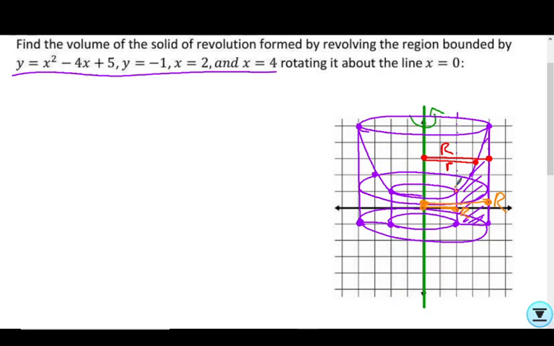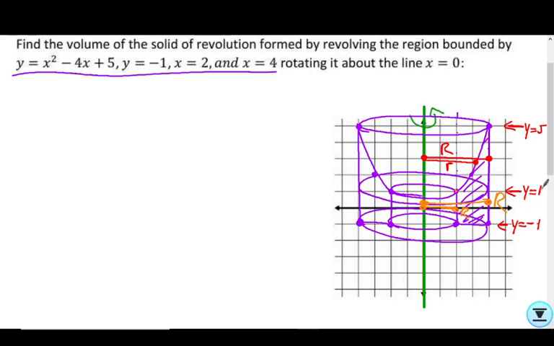So let's look at the top part, which is from here to right here. This is y equals 1, and this is y equals 5. And this right here is y equals -1. So we're going to have to split it up from -1 to 1 and from 1 to 5.